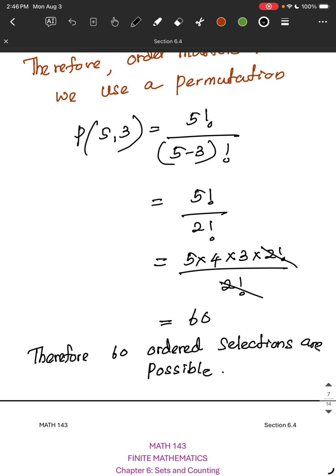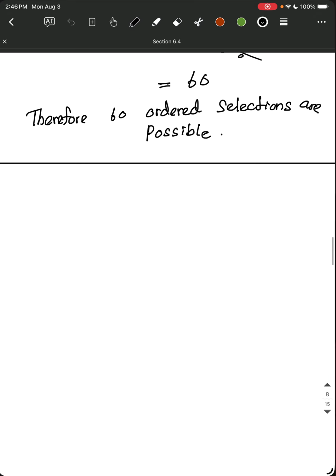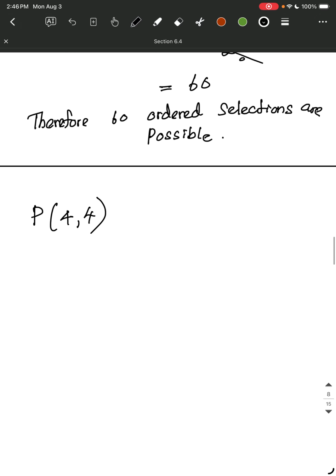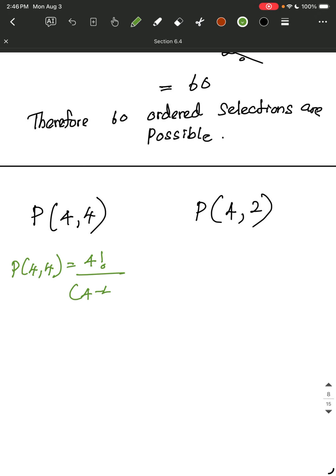Okay, then let's interpret the permutation. Let's look at P(4, 4), where n equals 4 and r equals 4. First, P(4, 4) is 4 factorial over 4 minus 4 factorial, which is 4 factorial over 0 factorial.